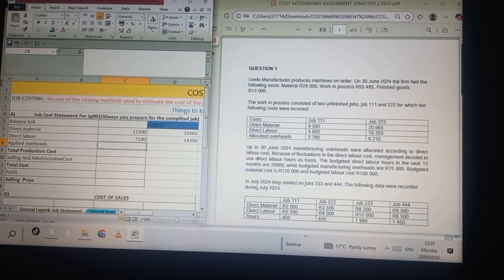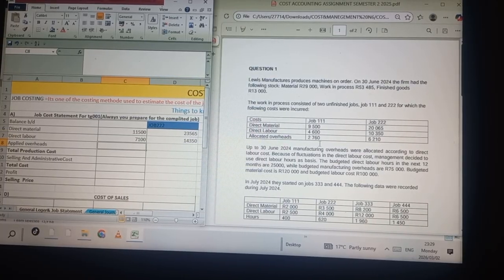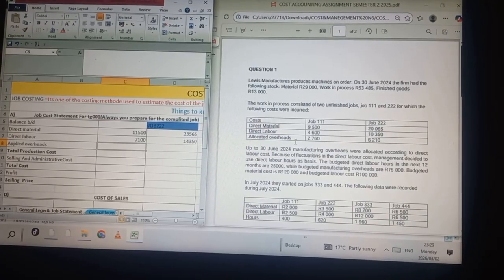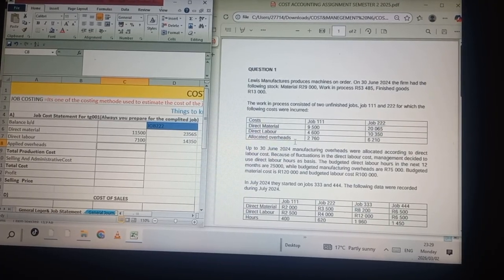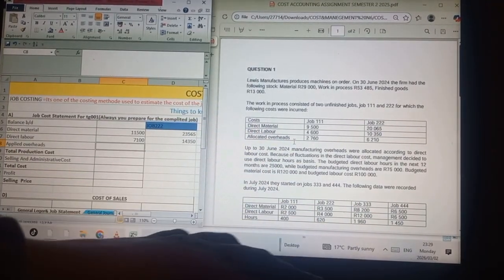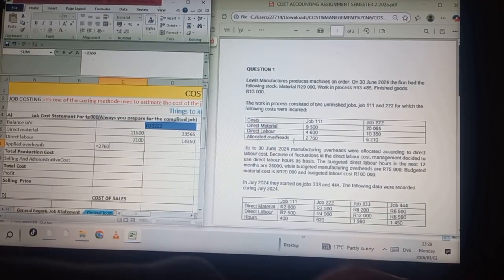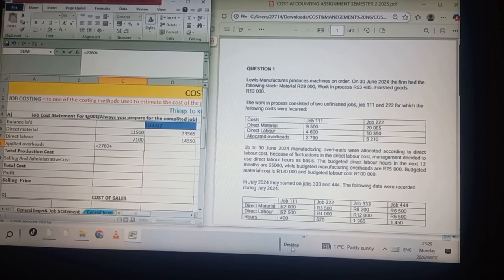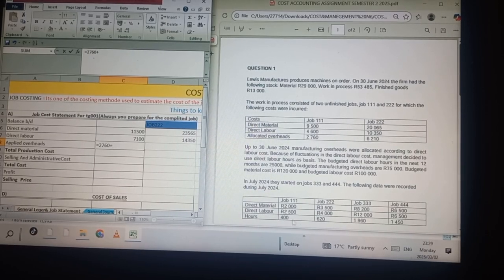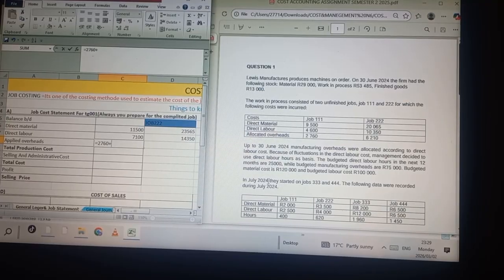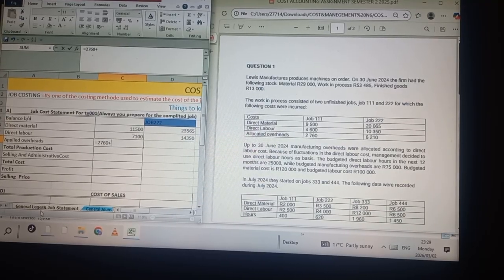Applied overheads is given, allocated overheads. Still, you open your brackets, guys, because there are calculations. You need to show your calculations. Open bracket, 2,760 plus hours. It's 400 hours, but then we have already calculated your rate in 1.1.2, which is 3 rand.